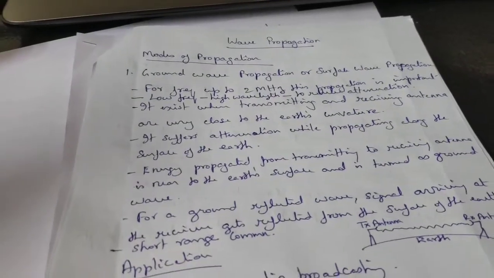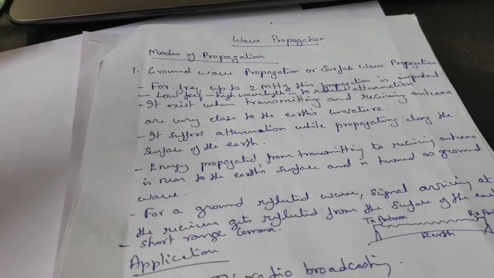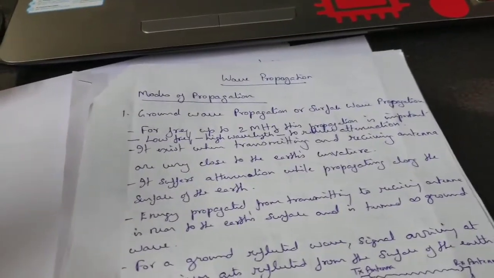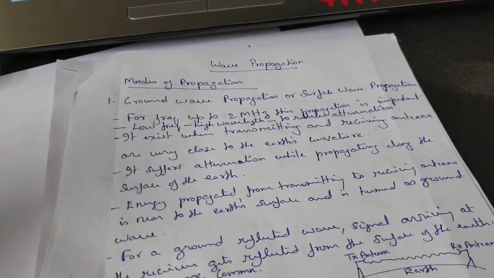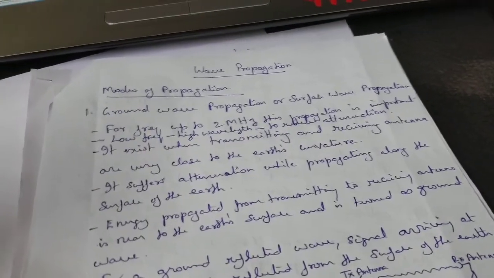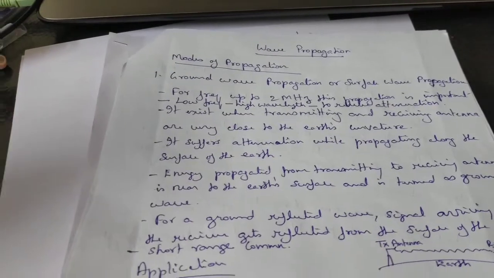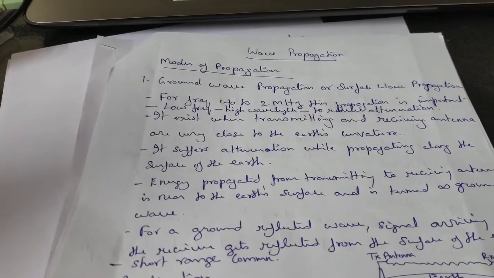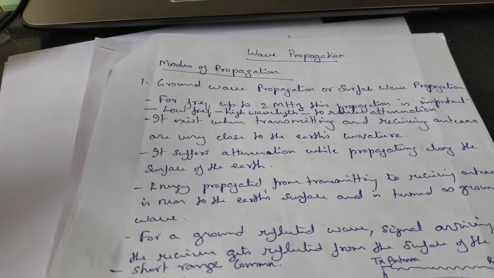I'm starting with modes of propagation. The first one is ground wave propagation or surface wave propagation. For frequency up to 2 MHz, this propagation is important.